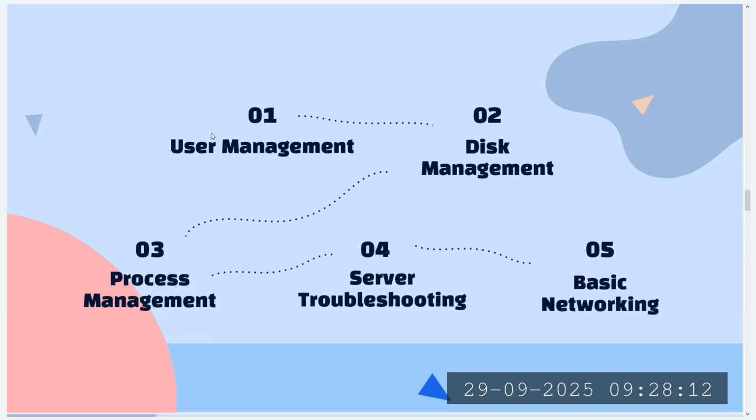It's not like anything can be accessed by anyone. Even a simple startup doesn't work like that. There should be a restriction or privilege. So we will be seeing every nook and corner of user management in our course, especially related to Linux.